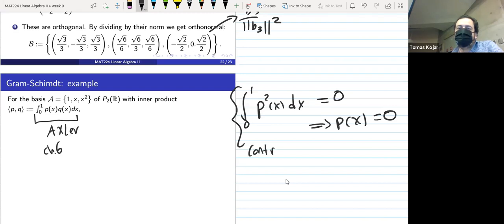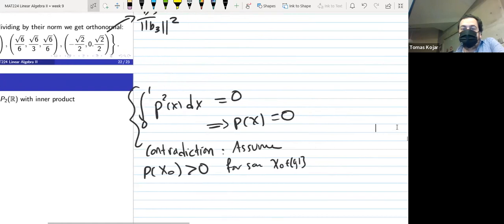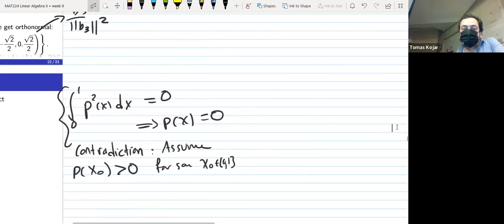Because you will see it in so many places, I want to make sure that you understand. So assume, without loss of generality, that this guy is strictly positive for some x naught in [0, 1]. And you can just isolate, right?